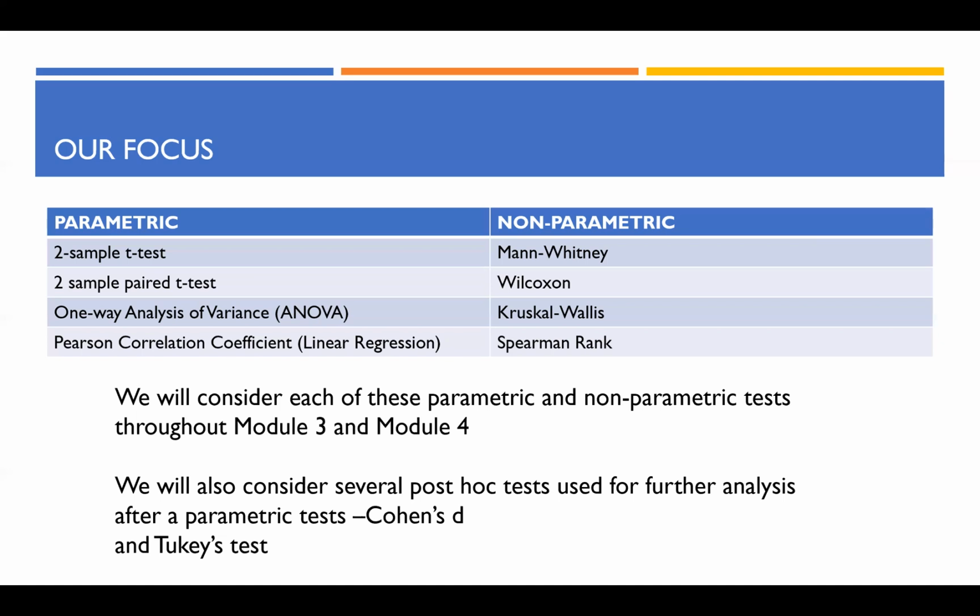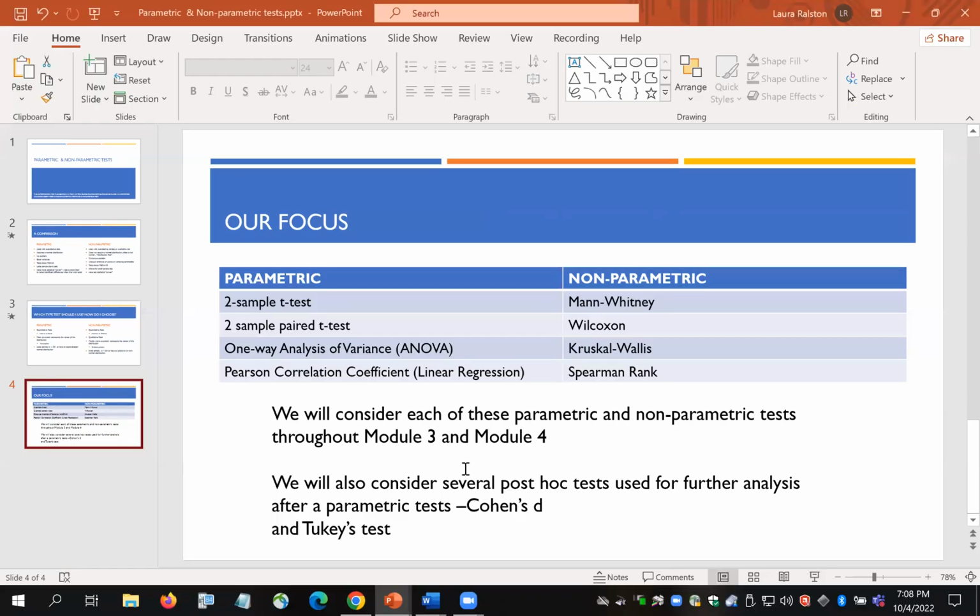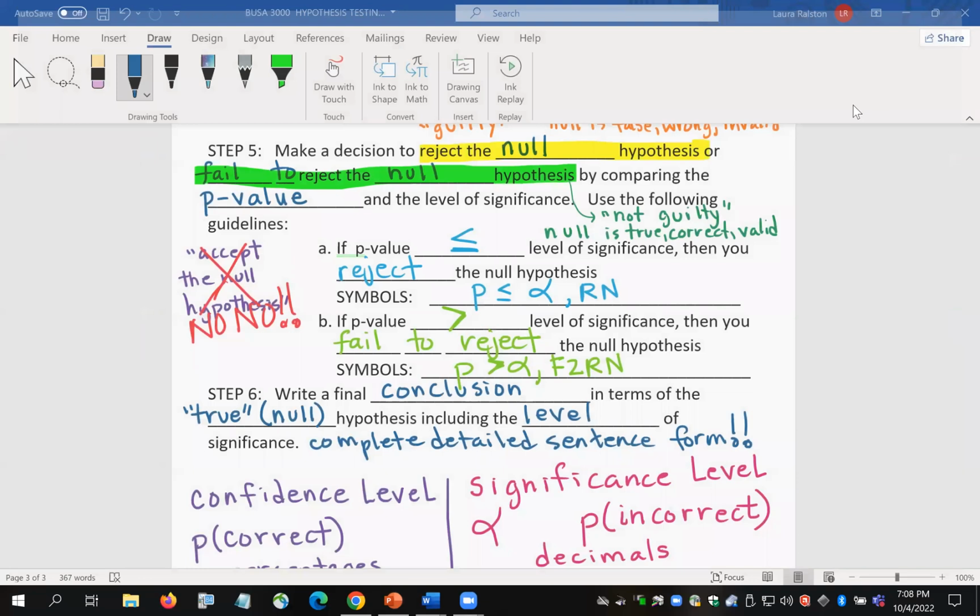So one of the first decisions that we have to make when we're looking at whether we're going to do a parametric test or a non-parametric test is, do we have a normal distribution? That leads us to the next topic, which has to do with what are called normality tests.